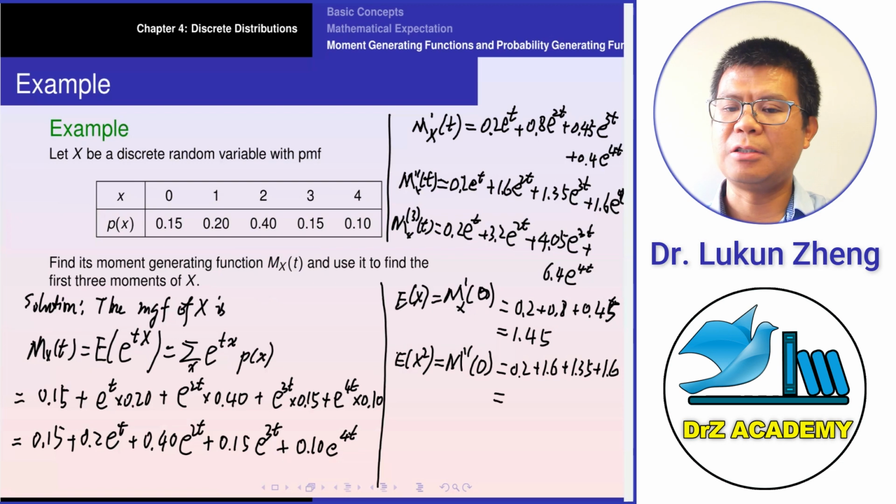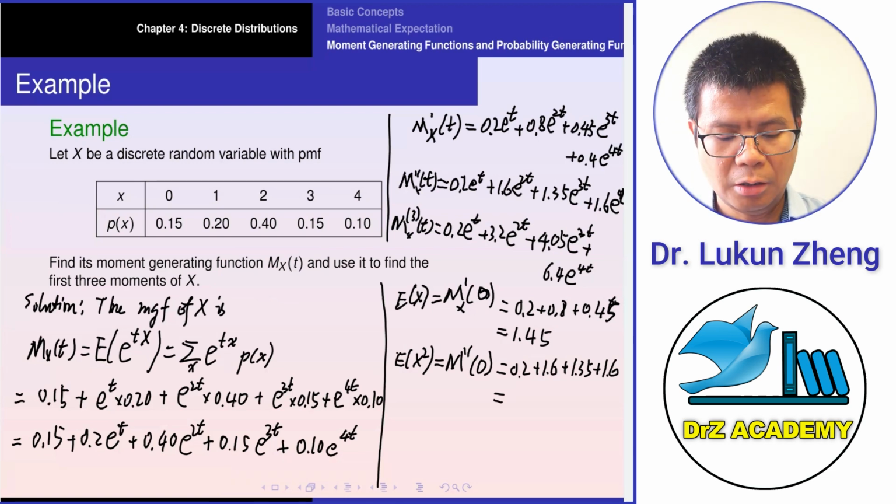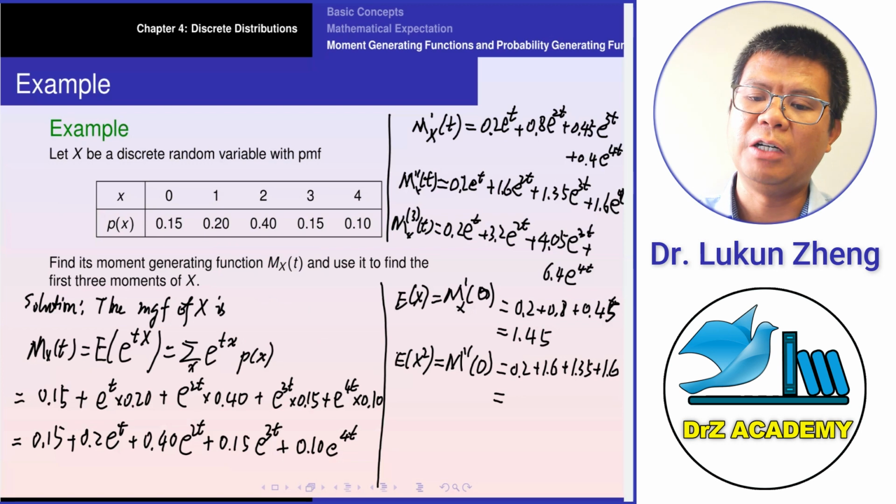Let's just do this summation: 0.2 plus 1.6 plus 1.35 plus 1.6 is 4.75.